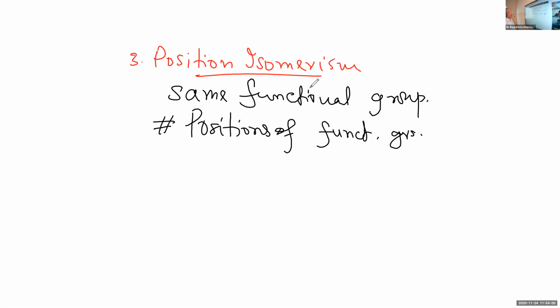Same functional group, but the positions of the functional groups will be different.